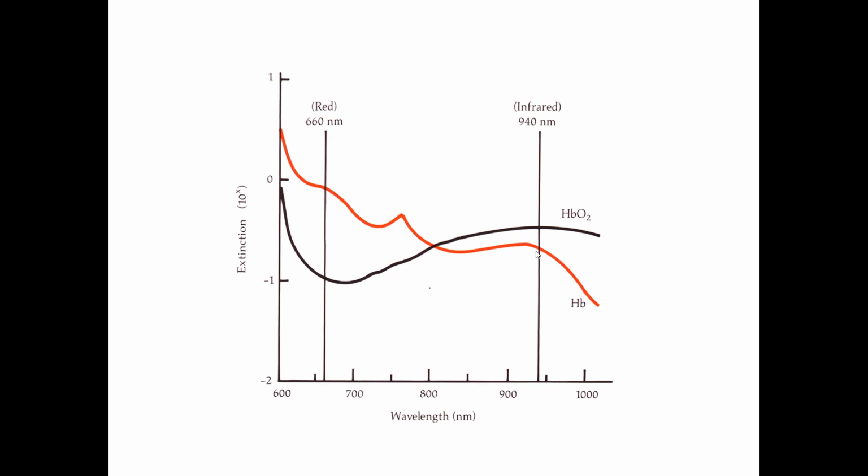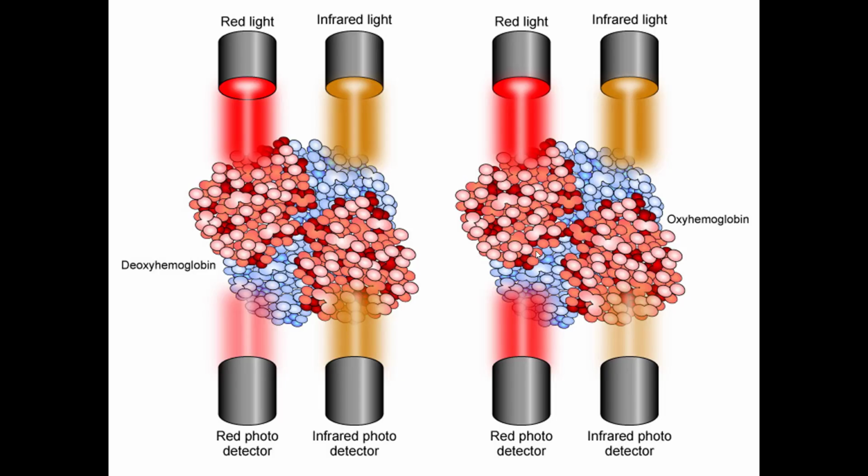So to distinguish between red and infrared, we can simply say that the oxygenated hemoglobin will absorb more infrared, whereas the deoxygenated will absorb more red. In this slide, we can see the deoxygenated hemoglobin and the absorption of both red and infrared, and here in the oxyhemoglobin the absorption of red and infrared.